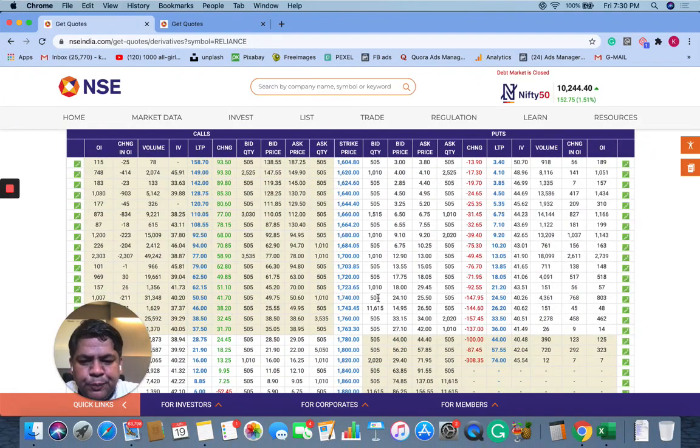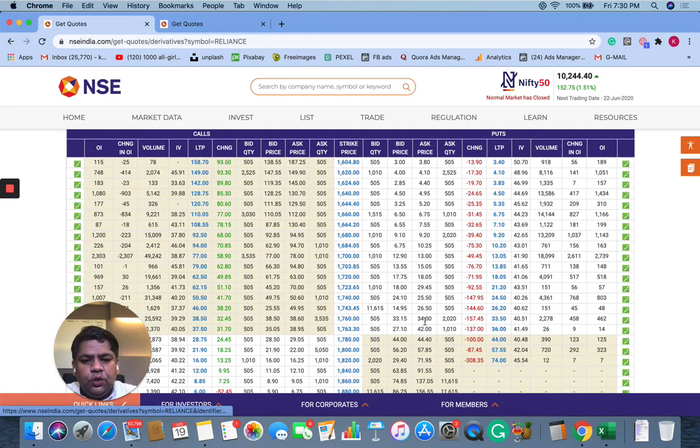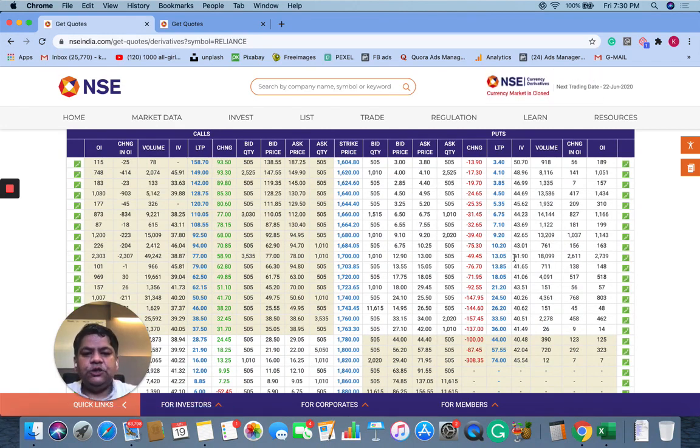Now you see 1763.36 rupees. If you want to buy the 1700 rupees option, you will get it for only 13 rupees. Again, this will be covered in option pricing, why it is 13 rupees and why it is 36 rupees.